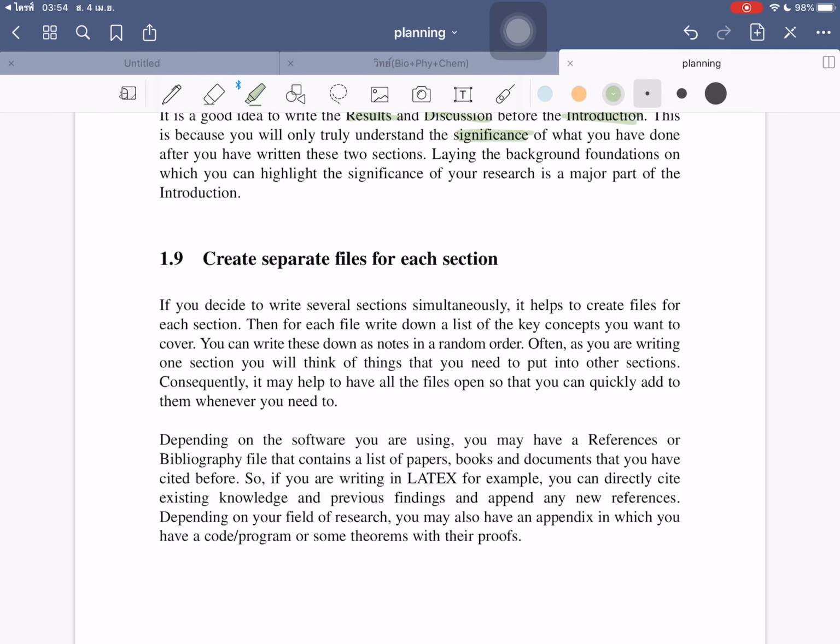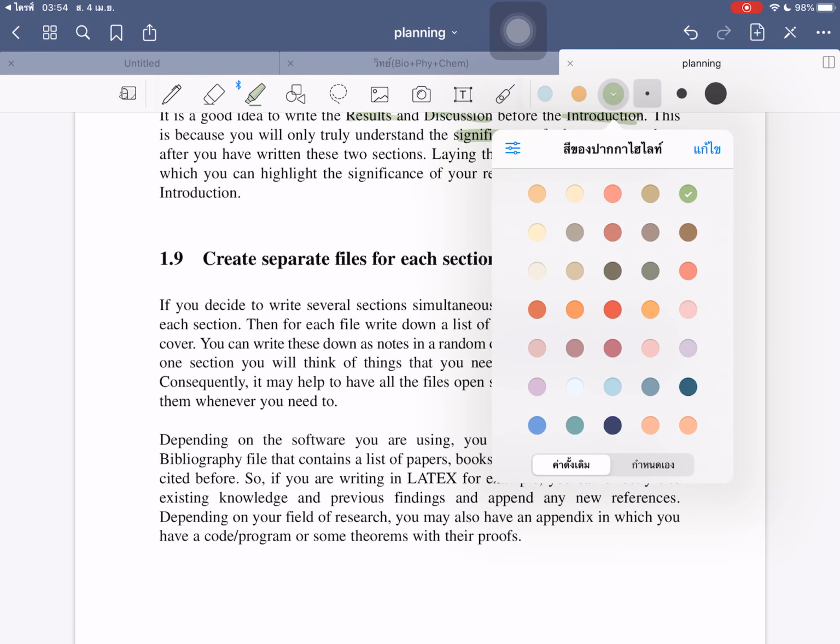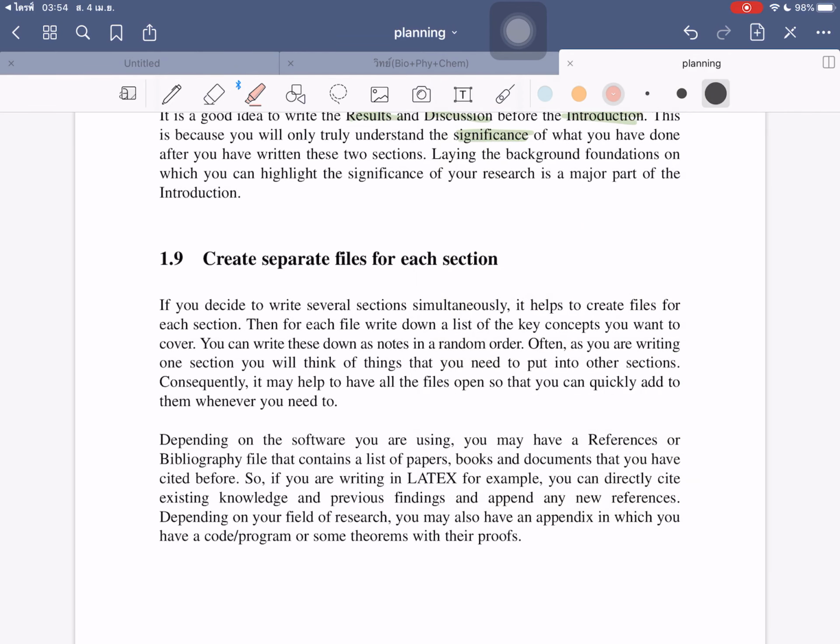1.9, you create a separate file for each section. So when you write your draft, you use different files. In each file, you list the key concepts you want to cover.